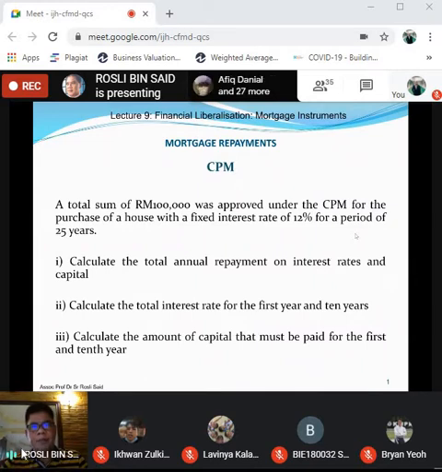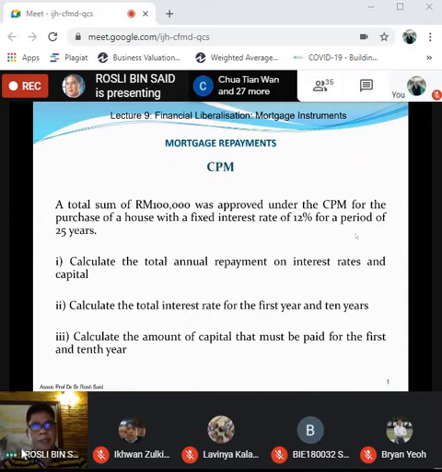So basically, all of the mortgage calculation in Malaysia, regardless whether conventional or Islamic, we base on the constant payment mortgage. Like I said, the reason why they do this is because of the market scenario, which needs both types of system to go together.